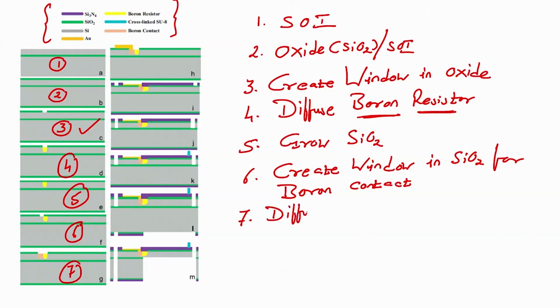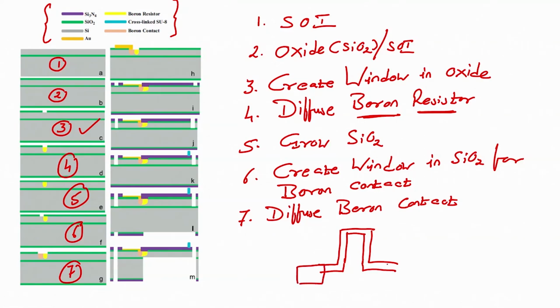Next step would be diffuse boron contact. So, if you see how it will look like, there was a resistor, right. Now, only this area is open. You can see I am deliberately drawing something.